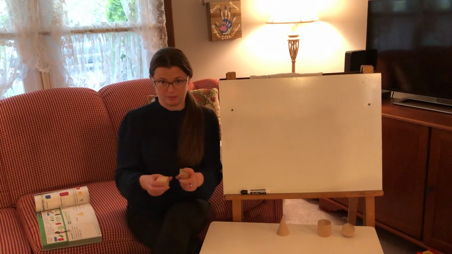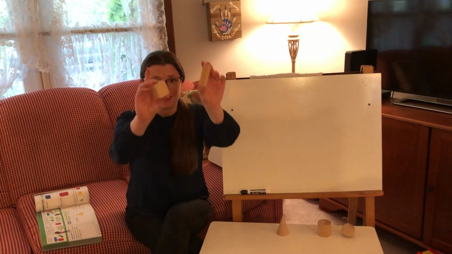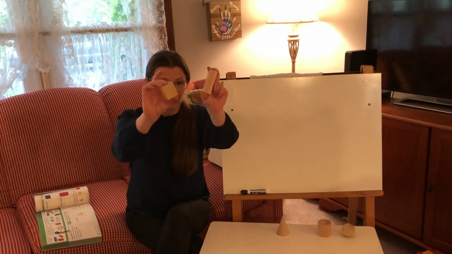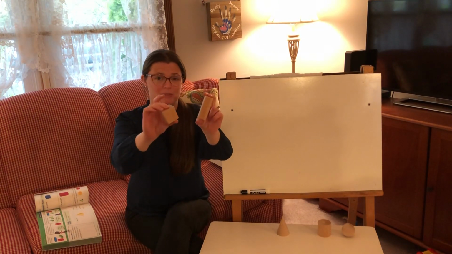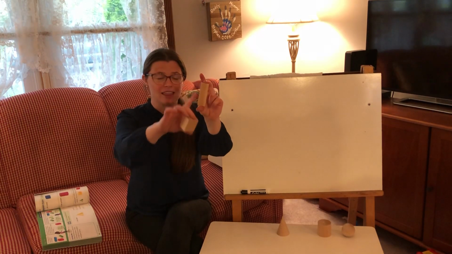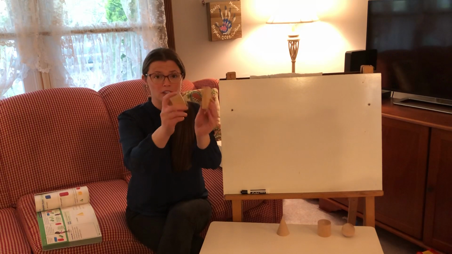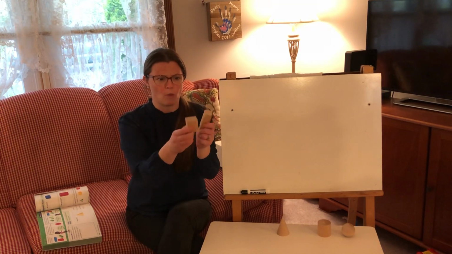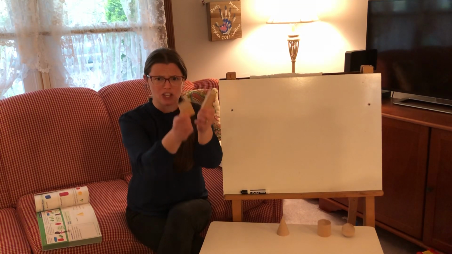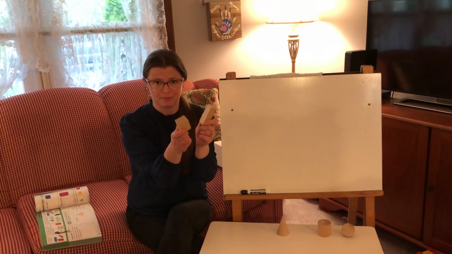Now, take a look. I'm about to blow your mind. Ready? These are both rectangular prisms. It's just that this one is short and fat and this one is long and skinny, right? So we're going to talk about that and why these are considered the same shape even though they look a little bit different.